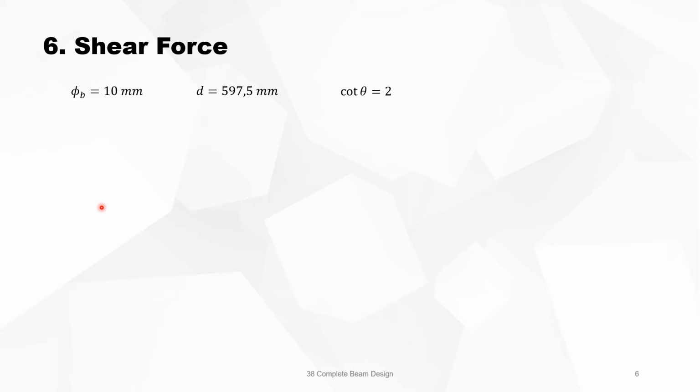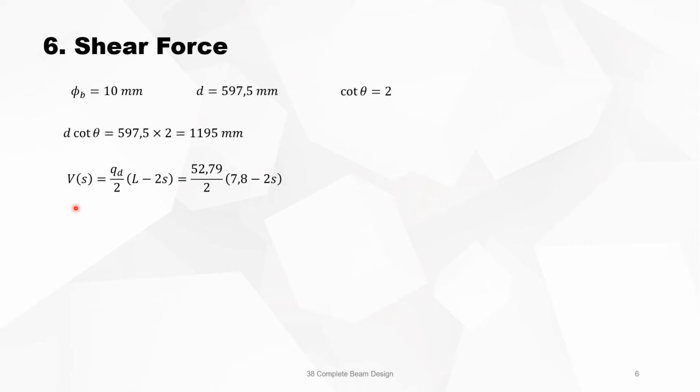With a diameter of the stirrups of 10 millimeters, the effective depth is 597.5, and we use cotangent theta of 2, because the larger the cotangent theta, the less stirrup reinforcement we need. D cotangent theta is then 1195 millimeters.